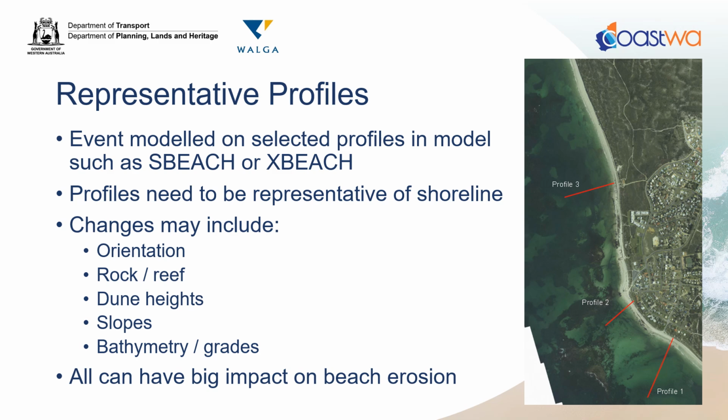If we look on the figure on the right-hand side, which is an aerial photo of, I think that's Ledge Point, you can see within just this small study area, we've got sections of coast which vary dramatically. So we've got different orientations, we've got sections of reef near shore, and we've got varying dune heights through there. So in this particular case, we've taken 3 profiles over the study site to be representative of that study area.